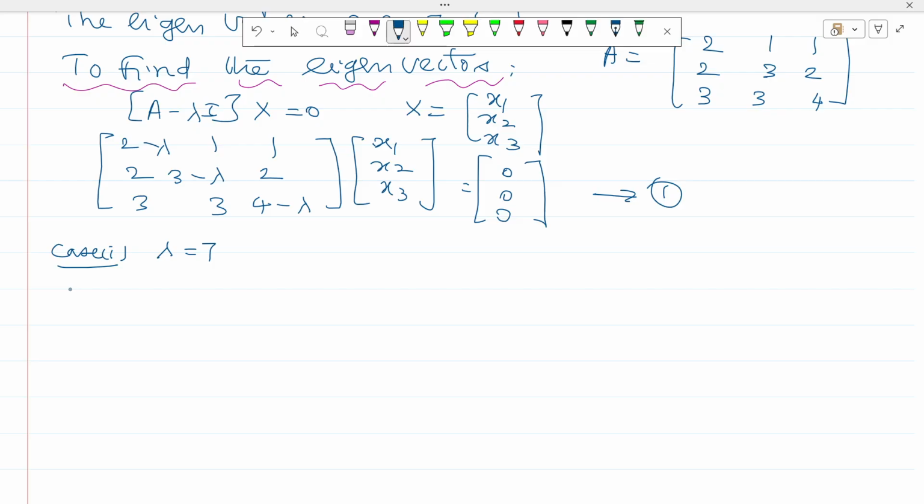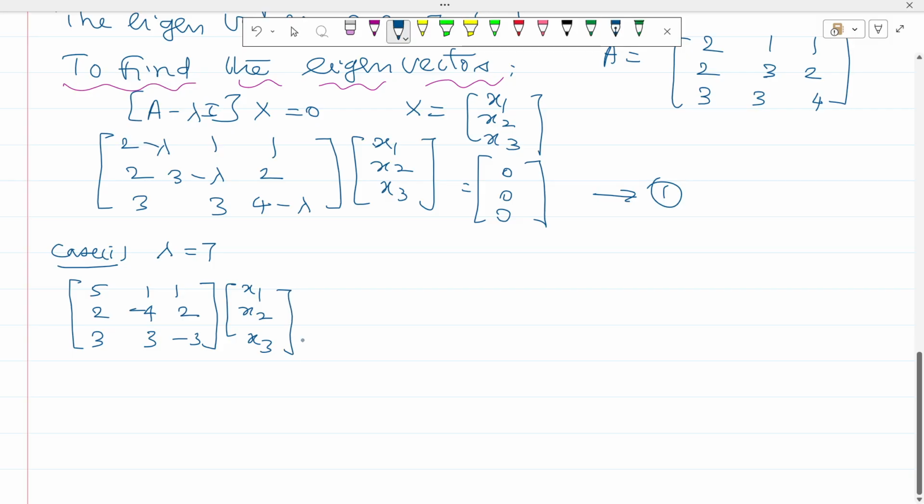When lambda equal to 7, the equation becomes: 2 minus 7 is minus 5, 1, 1; 2, 3 minus 7 is minus 4, 2; 3, 3, 4 minus 7 is minus 3, times x1, x2, x3 equal to 0, 0, 0.